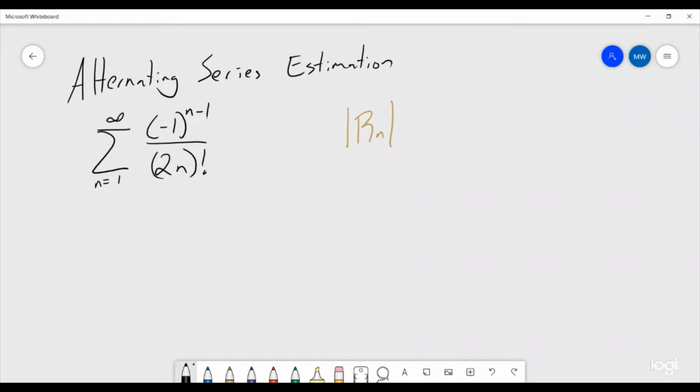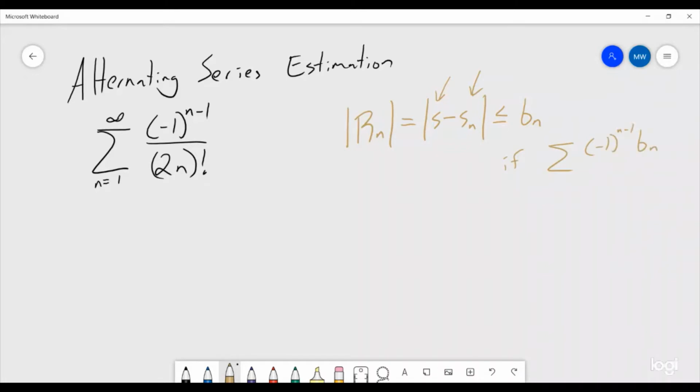So the nth estimation is equal to the absolute value of s minus s sub n, so the actual value of the sum minus our nth approximation. That is going to be less than or equal to the absolute value of the inside term, so like b sub n, if we are looking at the sum of negative 1 to the n minus 1 b sub n.